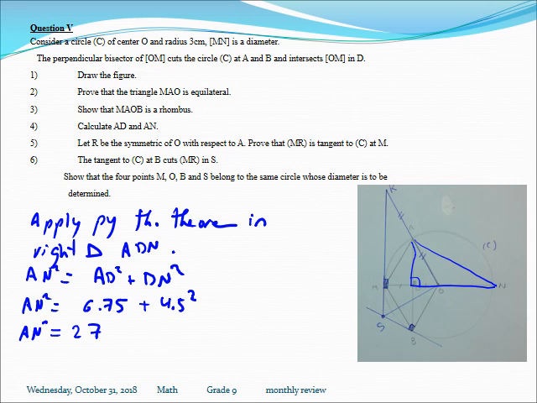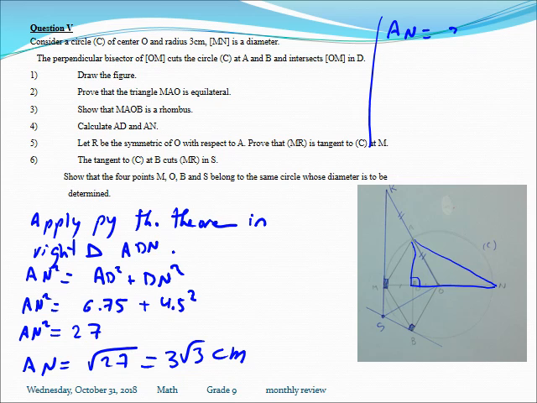So AN squared equals 27. AN equals radical 27 equals 3 radical 3 centimeters. So AN equals 3 radical 3 centimeters and AD equals 2.5 centimeters.